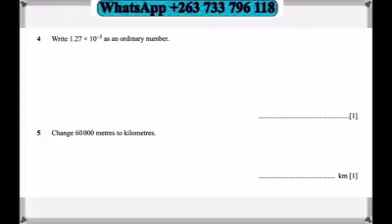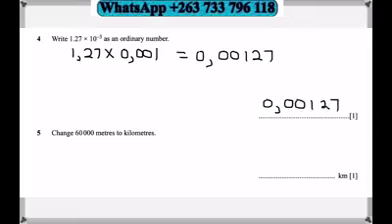Or you can expand this. 10 to the power minus 3 is equal to 1 over 1,000, which is equal to 0.001, like this. If you multiply, it's 0.00127, which is the final answer. So you can see that negative 3 just stands for these 3 zeros.